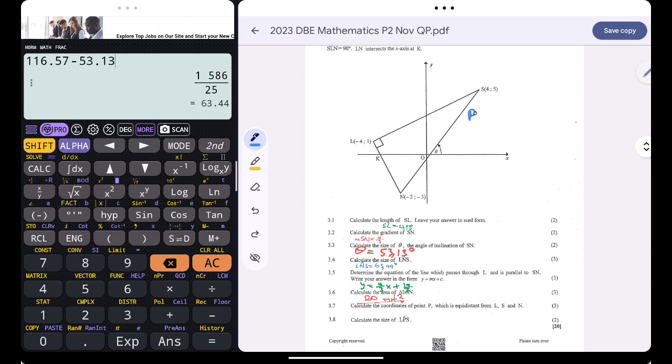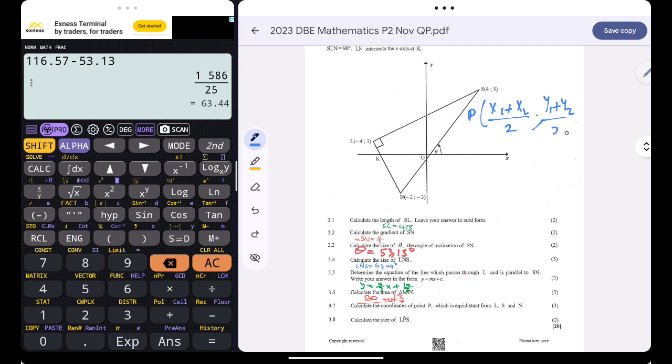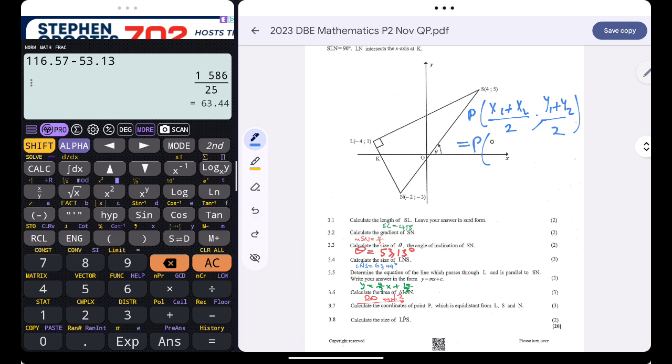So how do I find the coordinates of the midpoint? x1 plus x2 all over 2, and then y1 plus y2 all over 2. Please note where I put my equal sign, because when you write, you will say P is equal to, now you're forming an equation. The equal sign comes before the P. So I'll simply take the x value at N, that's -2, plus the x value at S, that's 4, all over 2.